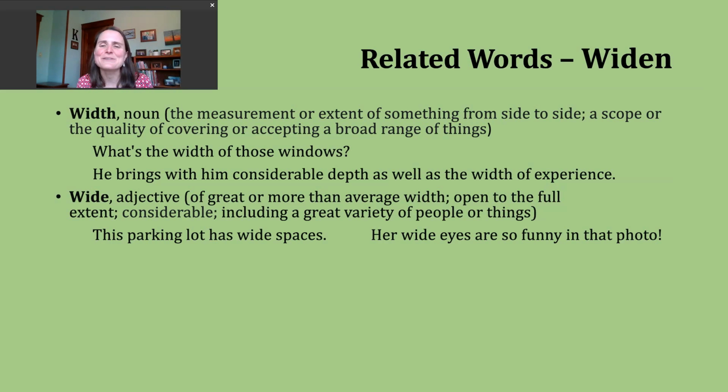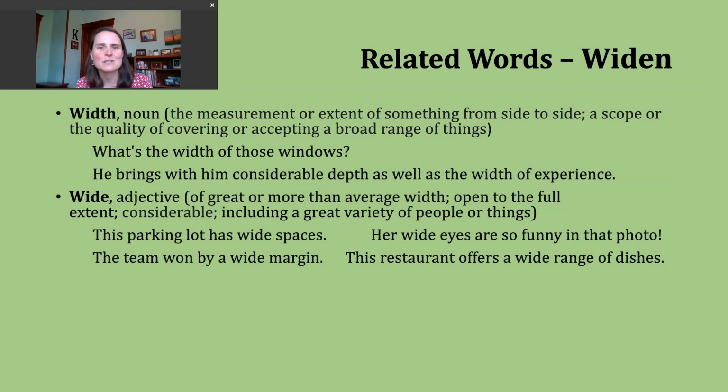A second way to use the adjective wide is to describe something that is open to the full extent. Okay? An example of this: "Her wide eyes are so funny in that photo." Maybe you've seen photos or memes, right, where someone's eyes are very, very open, or as open as they can be, that full extent.